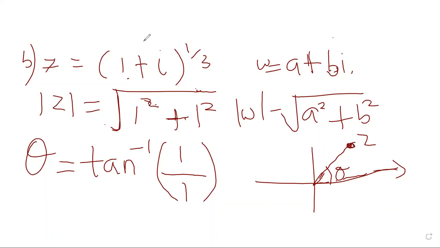The y part is the imaginary part, the vertical, and the x part is the real part on the horizontal axis, which is zx.